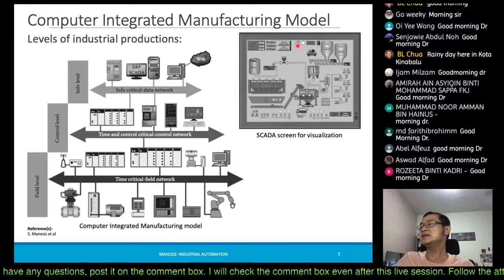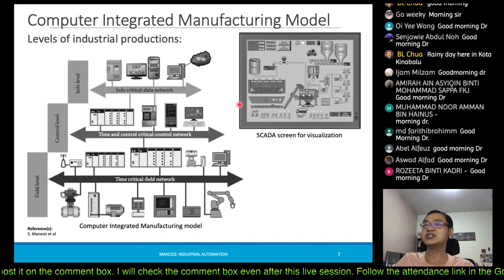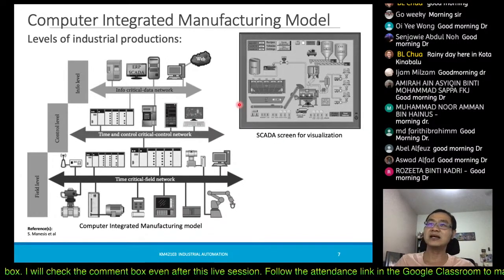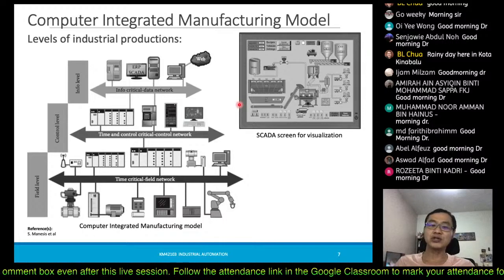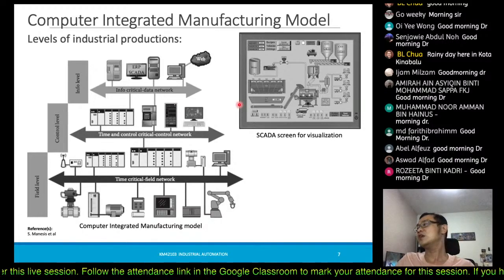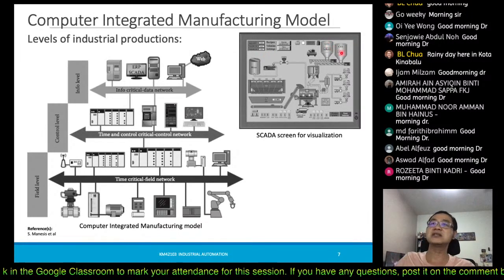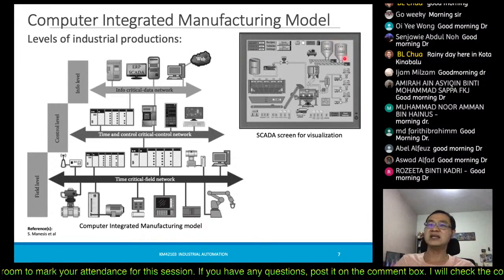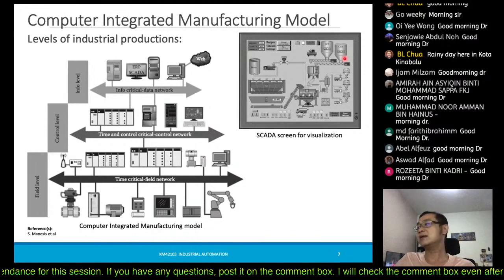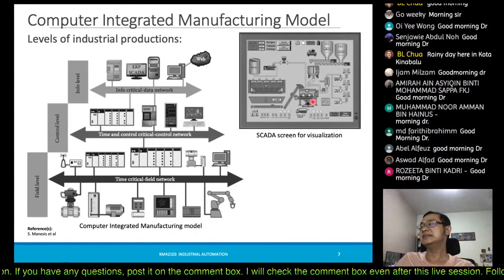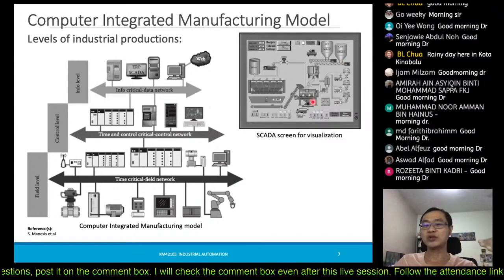So you can see this is a SCADA screen for visualization. Visualization means you can see this actual screen in the factory. I believe some of you may have seen this in the factory, where you can see the temperatures on the screens in so-called real time, right? So these are the levels that you can see, right?